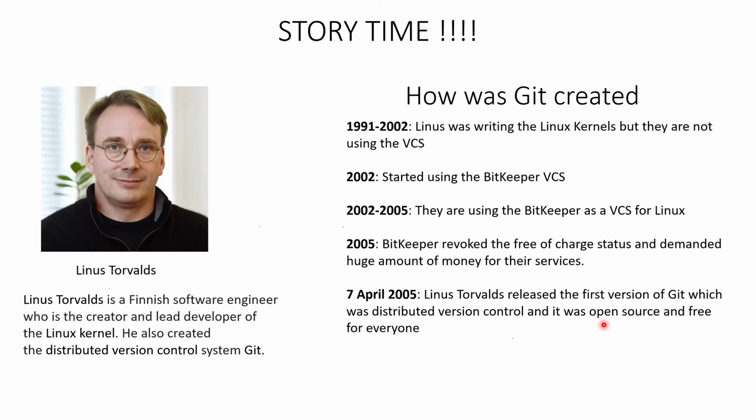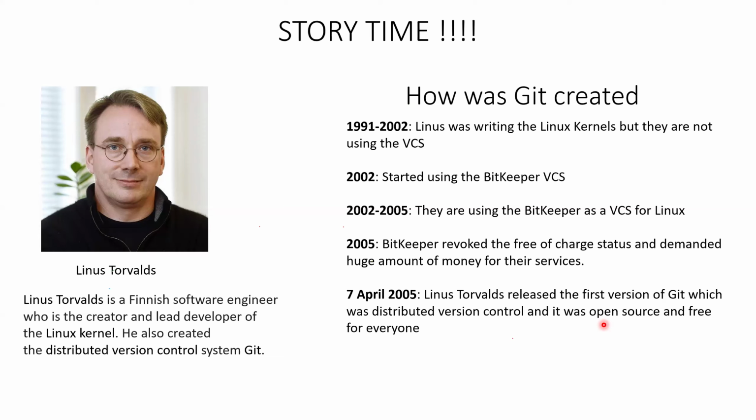They started using Git as a distributed version control system for the Linux operating system. For those who don't know, there are three very popular types of operating system: Windows, Mac, and Linux, which is very light, very fast, very accurate, and developers actually use the Linux system.